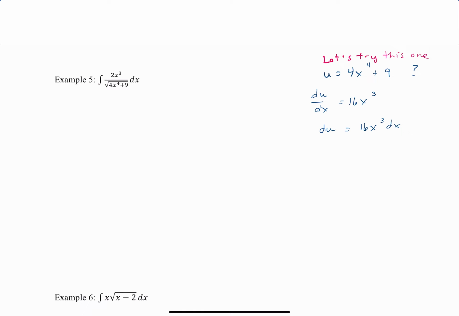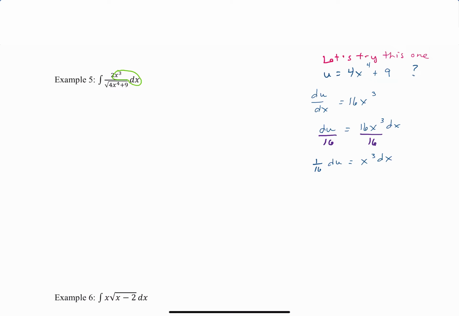Now I have an x cubed and a dx over there. I just want to know what to put in for the x cubed dx. So I'm going to divide both sides by 16. So 1/16 du is what will go in for x cubed dx.